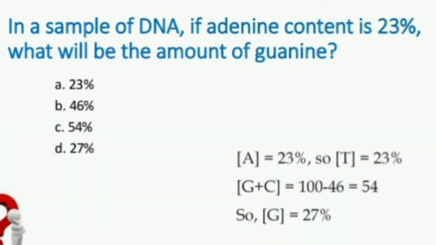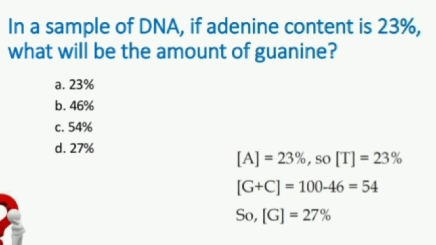Students, you can see here there is an example. How to solve this type of questions? Now you can apply Chargaff's rule to sort out this type of questions. The question says that in a sample of DNA, if the amount of adenine is 23%, what will be the amount of guanine?